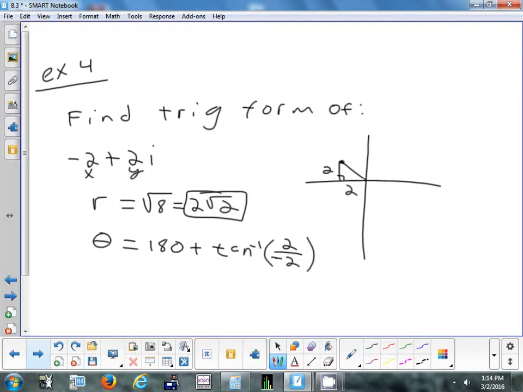Yep. I didn't draw the negative in the picture because that's taken into account by the direction. Okay. 2 over negative 2, so it's really the inverse tangent of negative 1, which is negative 45. 180 plus negative 45 is how much? It's going to be 135.